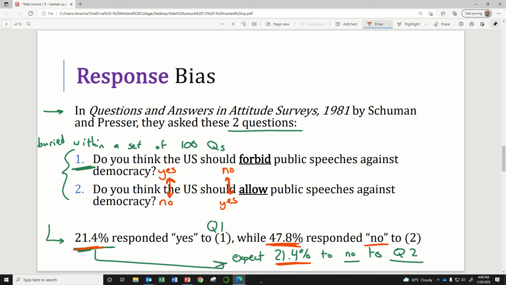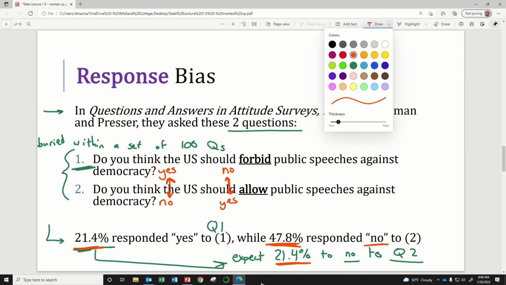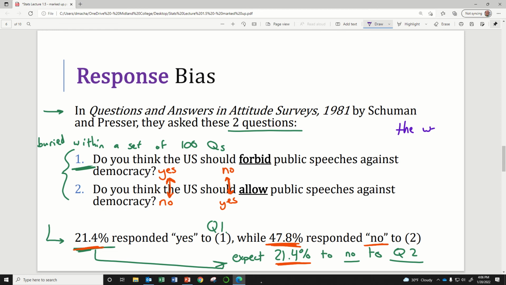What we are trying to illustrate here is that the way you word a question actually matters. The way you word or phrase a question on a survey actually influences the results.